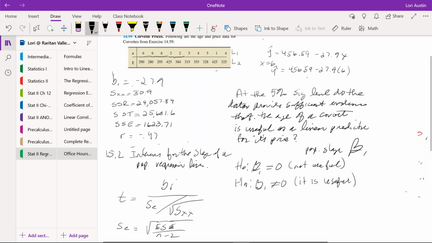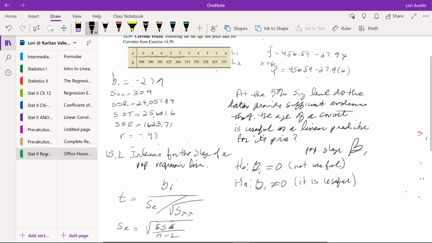Is that right? Yep. This is the standard error of the estimate. So basically, it's the standard deviation of all your e-values. So at the end of the day, that's all that is. It's your standard deviation. Okay. So again, very similar to what you're used to. The standard deviation has a new name now. It's the standard error of the estimate. So it's the standard error of all those e-values we had to find.